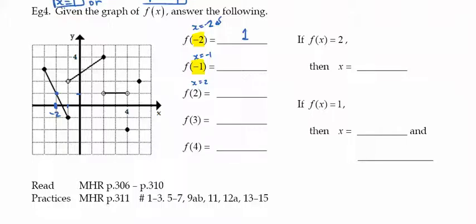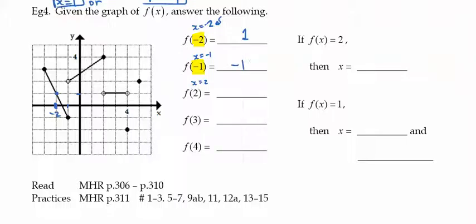So for the next one, Fauna, when x equals -1, what is the y coordinate? Do you see more than one thing? No? We only have one answer, right? And what will be your answer? -1.